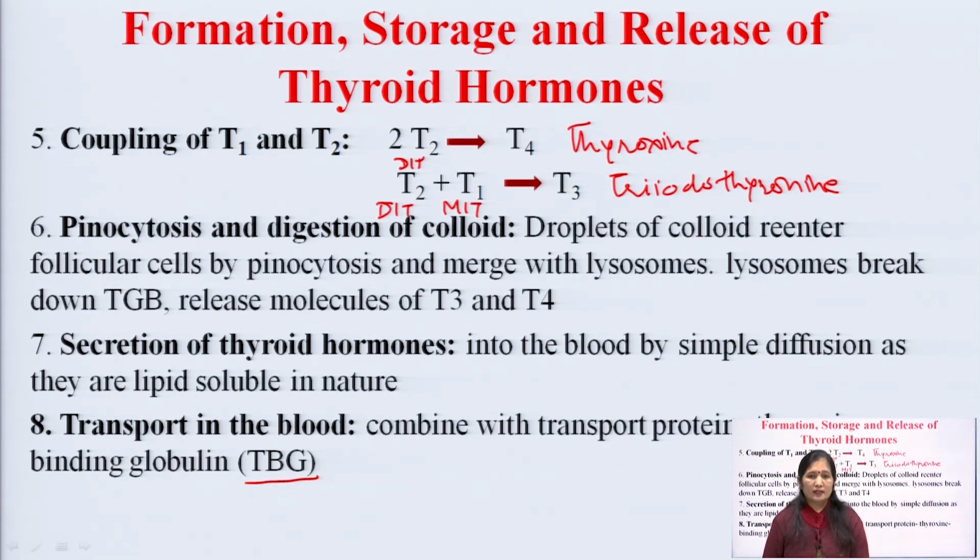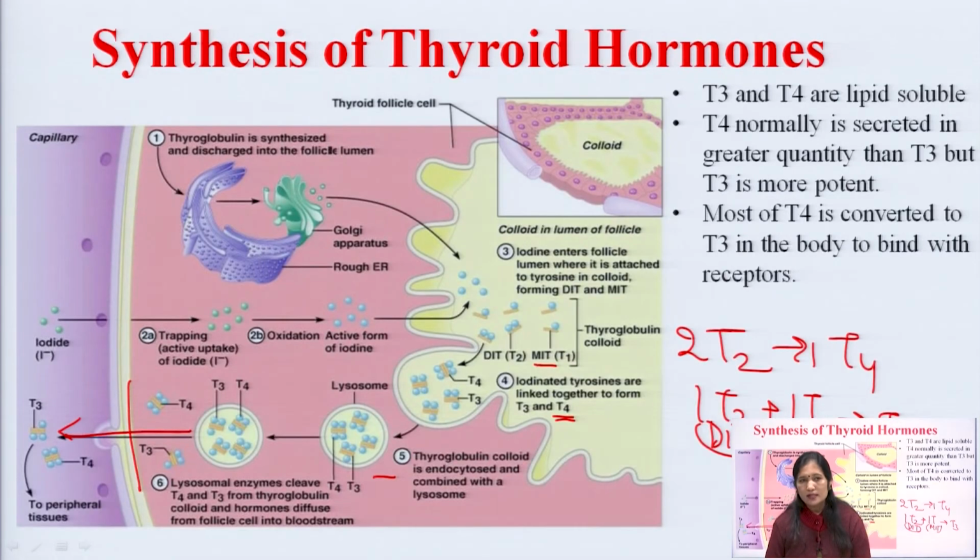the target site, and from the carrier it is released into the target cell, where it acts and produces its action. In this diagram we have seen that it binds with the carrier protein and goes to the target site. T3 and T4 both are lipid soluble.